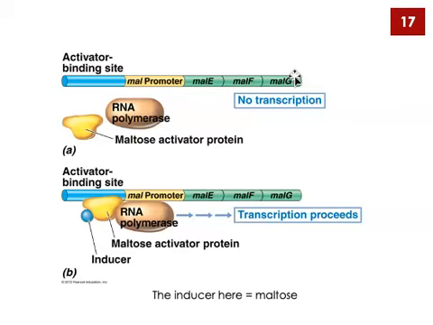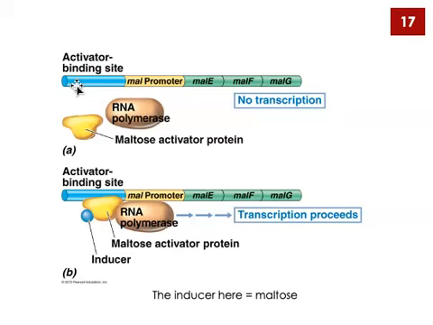Now, if there's no maltose in the cell right now, there is no need for the cell to transcribe and translate this operon. It doesn't need to have these enzymes around if there's no maltose for them to break down. So it makes sense that when there's no maltose available in the cell, this operon will not get expressed.